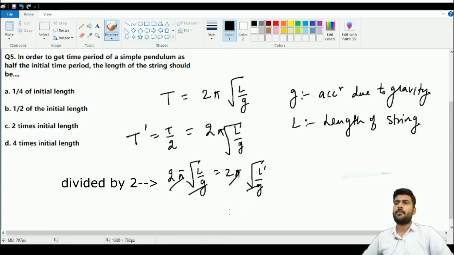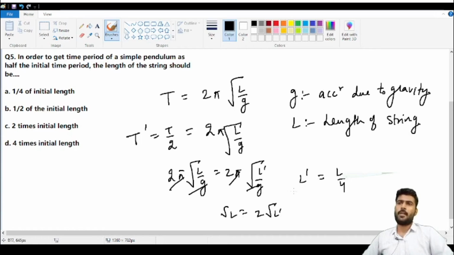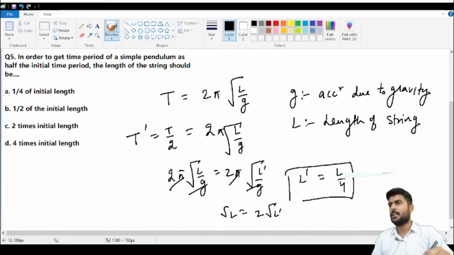Root L is equal to 2 root L dash, and L dash value will be equal to L upon 4. So A option will be the correct answer, 1 upon 4 of its initial length. Moving on to the next question.